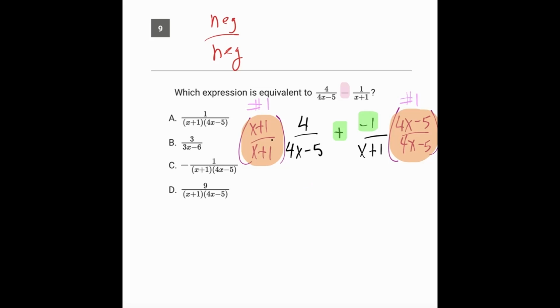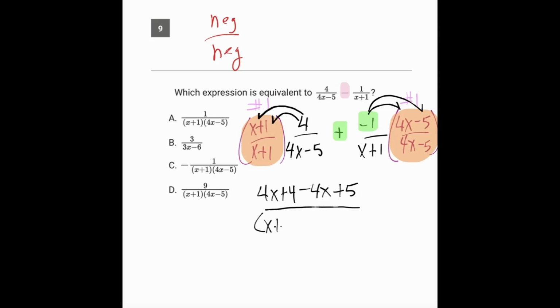But that'll help us out because when we distribute 4 to x and 4 to 1, 4x plus 4. And when we distribute here, negative 1 to 4x, negative 1 to negative 5. So minus 4x plus 5. Once we distribute, we can just bring the denominator over and we'll pretty much be done.